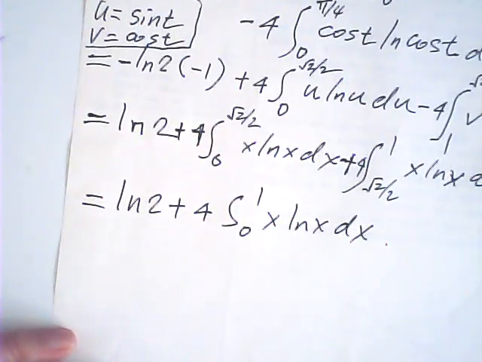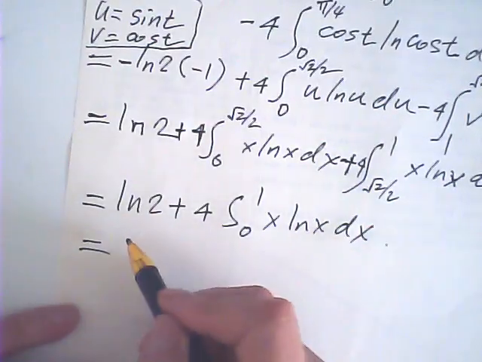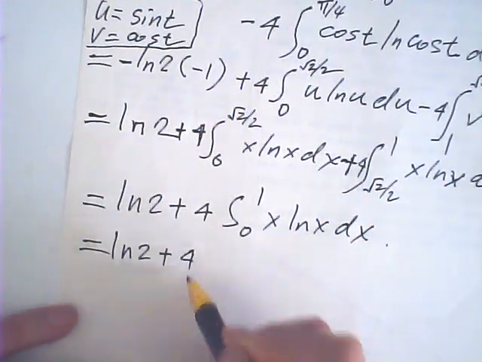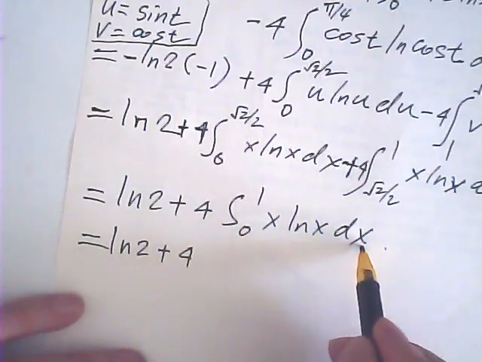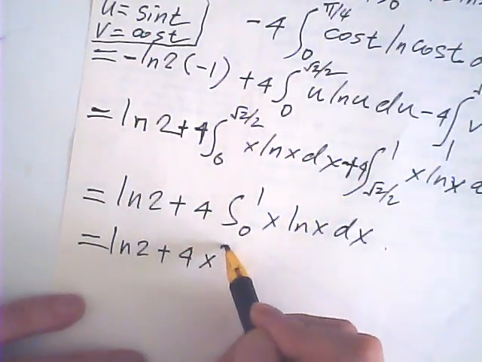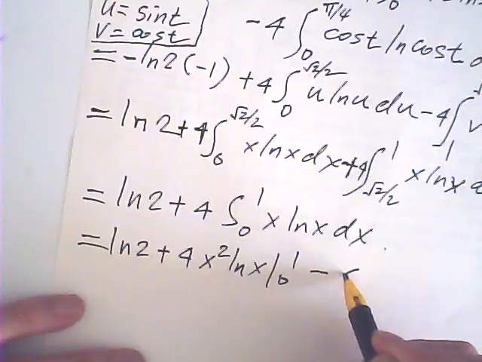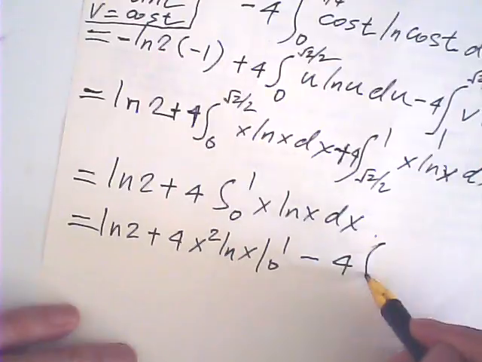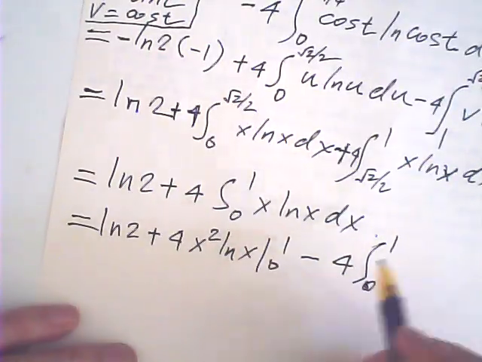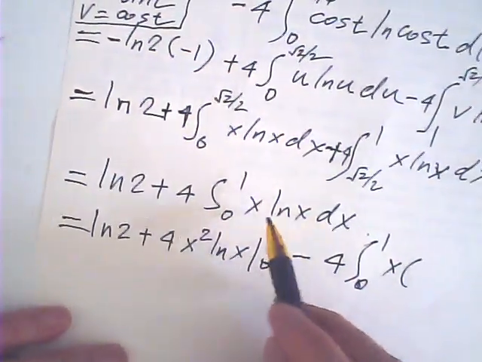Well, things are getting better. Now, I use integration by parts for that integral. This is log 2 plus 4. This is u, this is v, right? So x squared log x from 0 to 1 minus 4 v du. This is v. du is the derivative of this with respect to x.